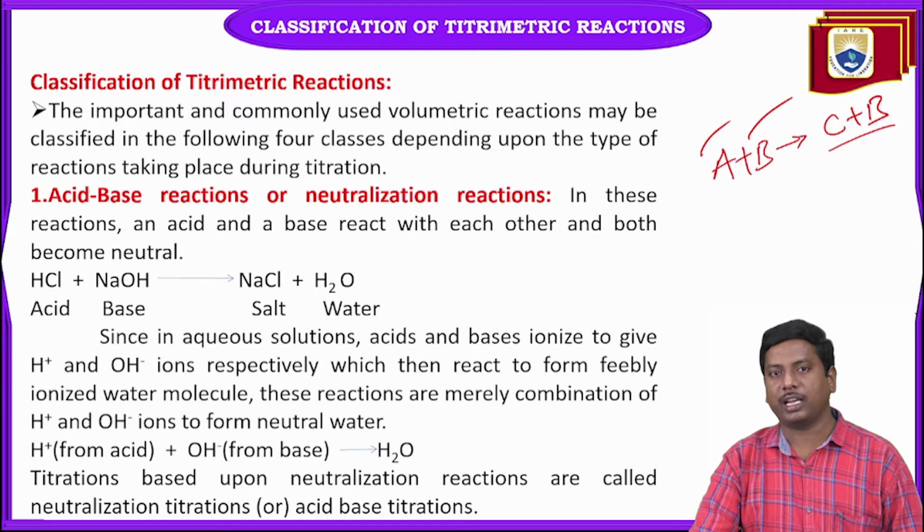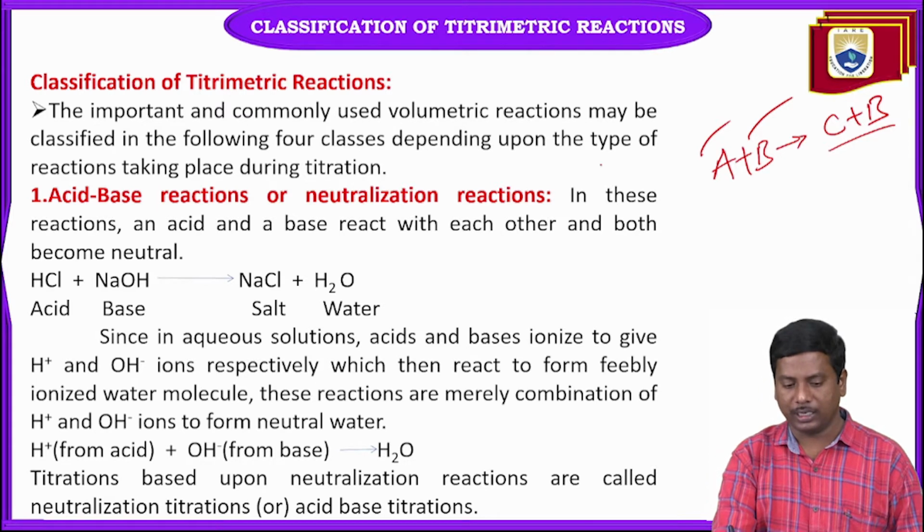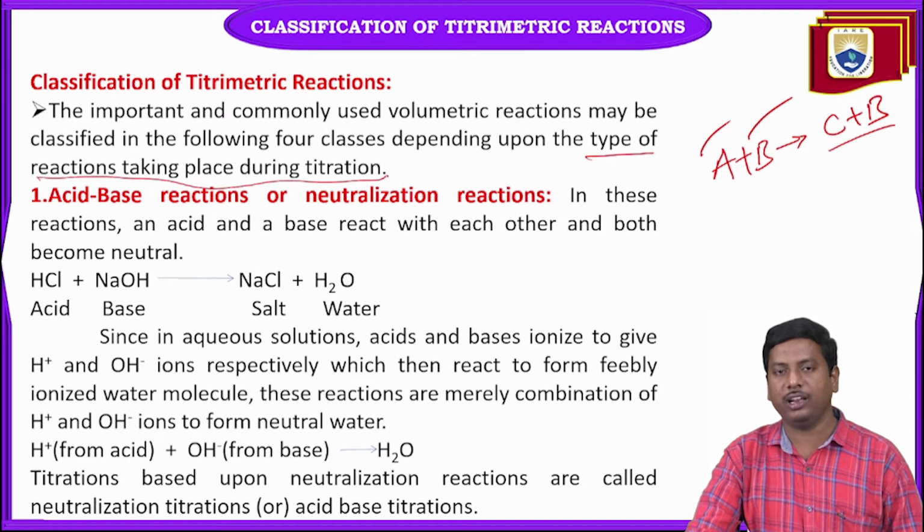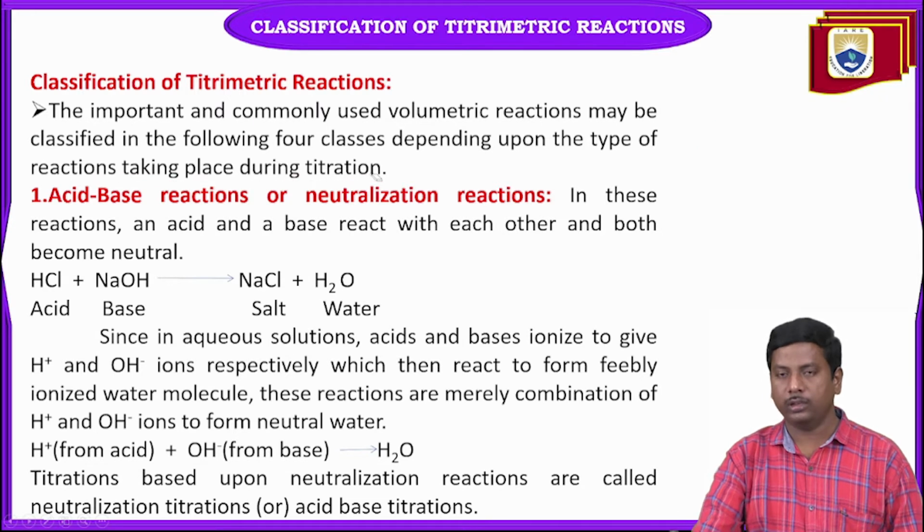So the type of reaction involved between the reactant molecules lets us classify or finalize the type of chemical reaction. That's why these mainly depend upon the 4 classes according to the type of reaction taking place during the titration. The first one is acid-base reactions or neutralization reactions.